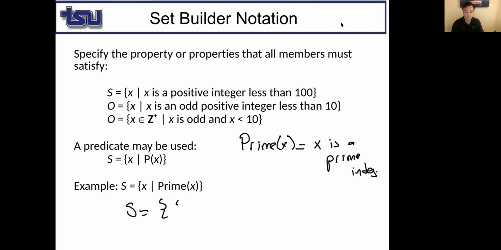For example, 2, 3, 5, 7, 11, and so on. Okay, so that's the set of all prime numbers.